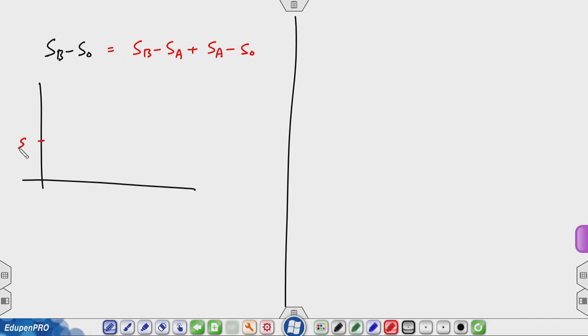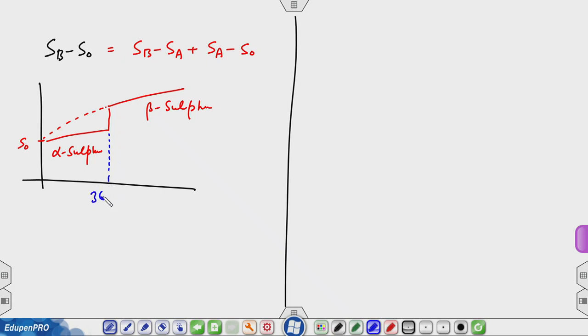Starting from S0, I have this alpha sulfur, this is beta sulfur, and this is at 368 K. On the right is going temperature.